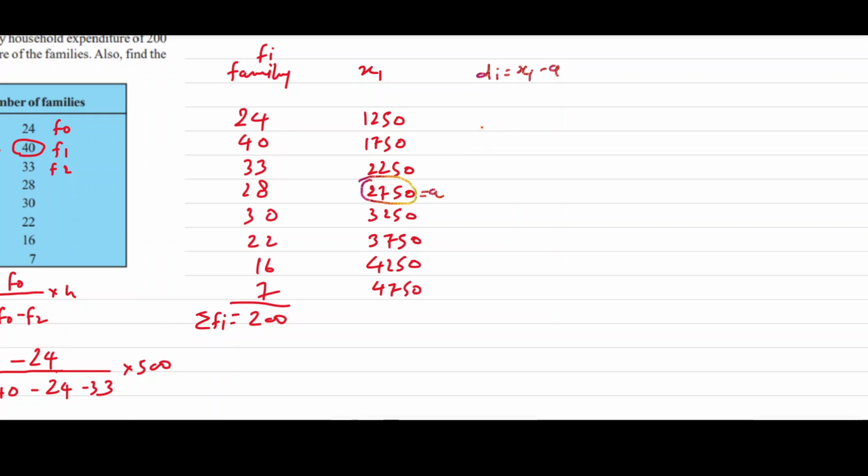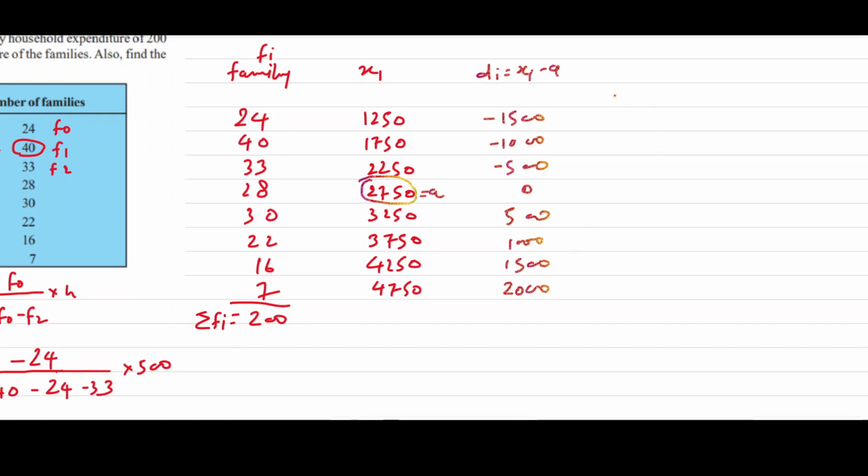After subtracting, we get minus 1500, minus 1000, minus 500, 0, 500, 1000, 1500, 2000.